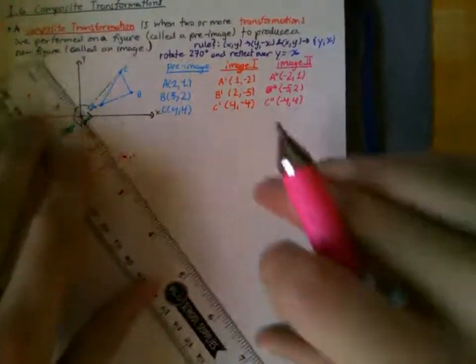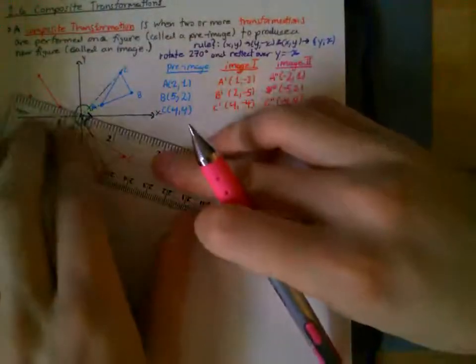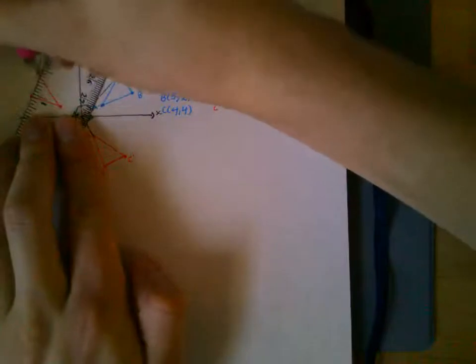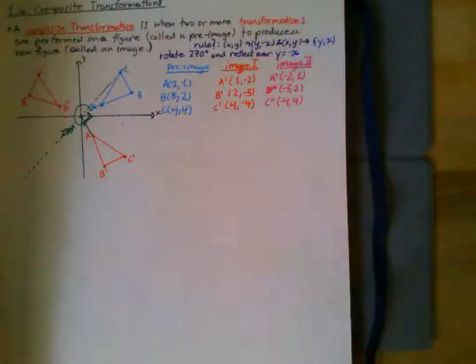Okay. All right. A double prime, B double prime, and C double prime. And there we go. There's our final shape.